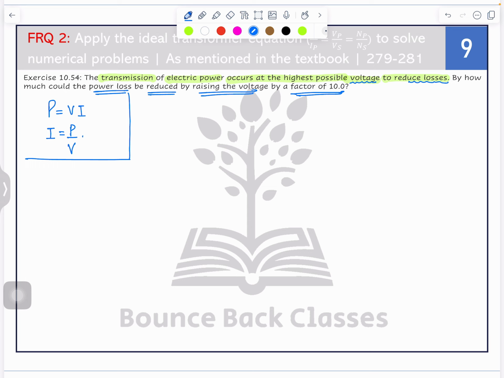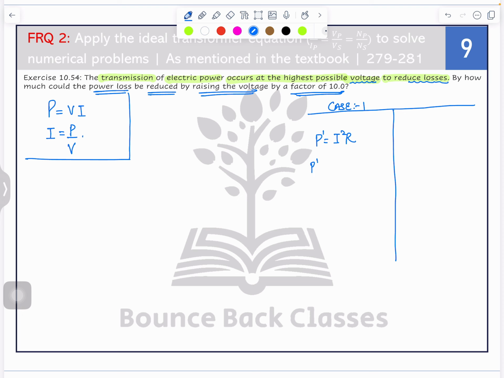Okay, now what you need to do, just make a T shape and solve case 1 and 2. So case 1, when there is a normal power loss, so can I say P dash is equals to I square R. So what is the value of I?